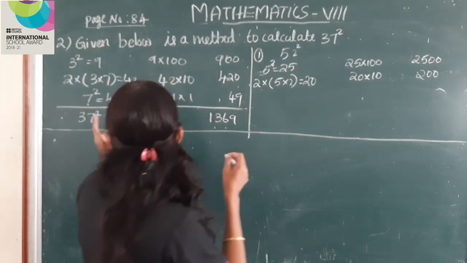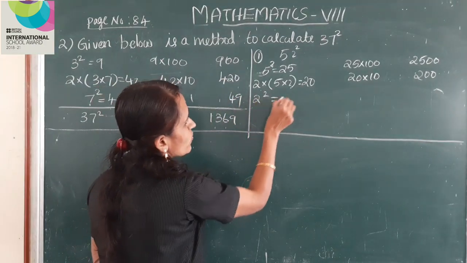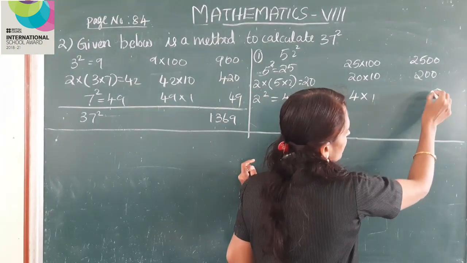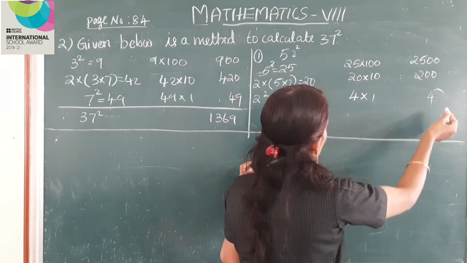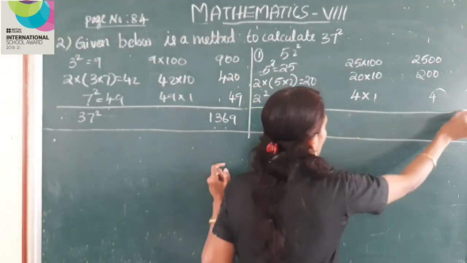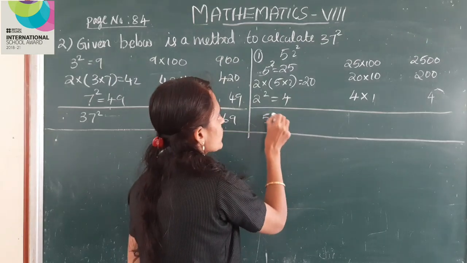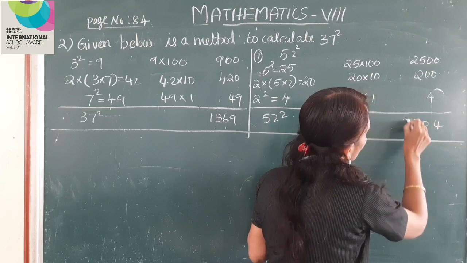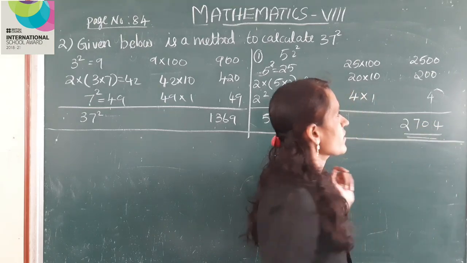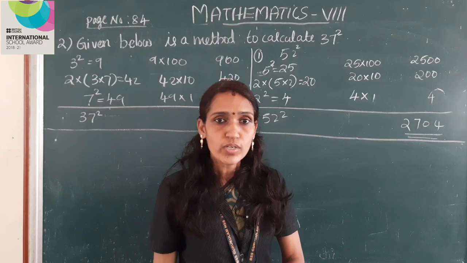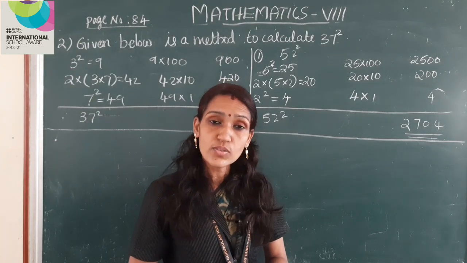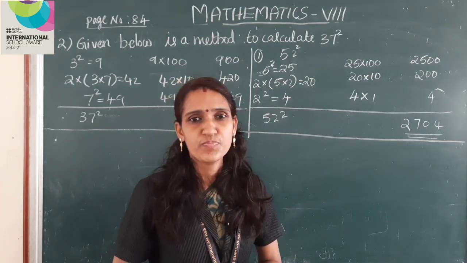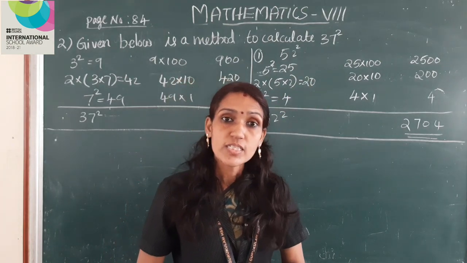Next, 2 square is equal to 4. 4 into 1, 4. So the sum is, 52 square is equal to 2704. You have to do another number using this method. Next sub question.